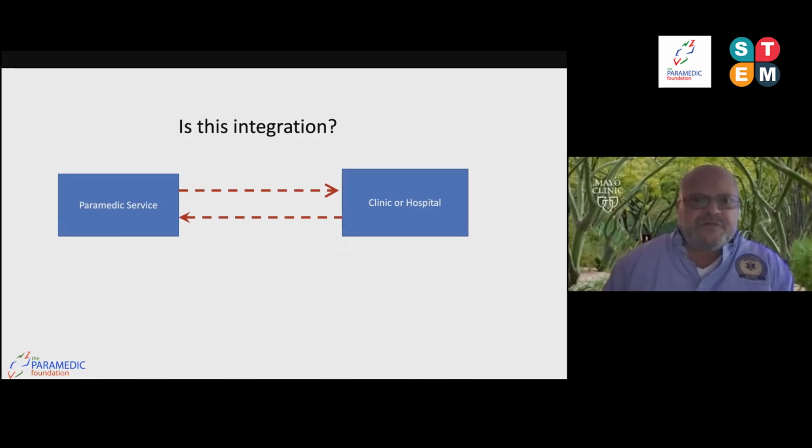One of the hallmarks of community paramedicine is that it be integrated into other health systems of care, not simply a referral process. So if a community paramedic program is going to partner with an agency that delivers palliative care, that would be a tight partnership, not just paramedics referring patients to palliative care and palliative care referring patients to community paramedics.